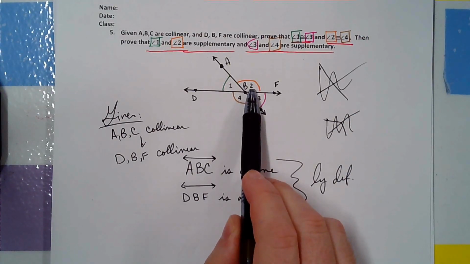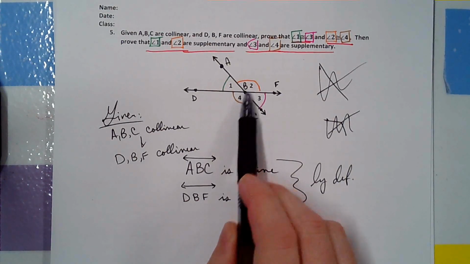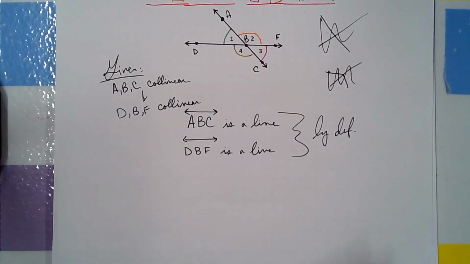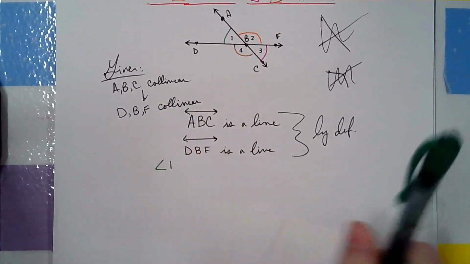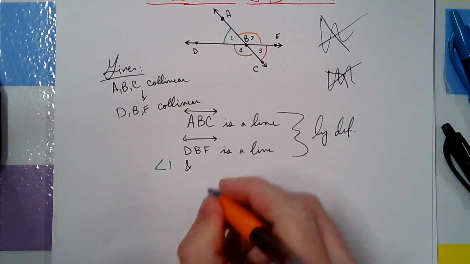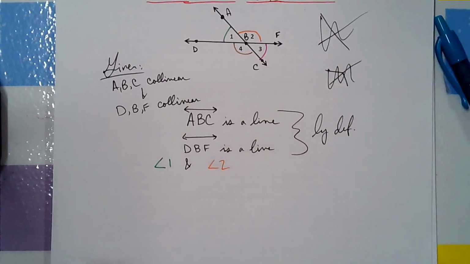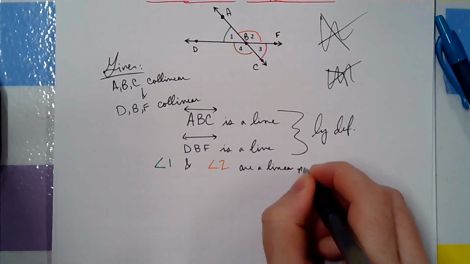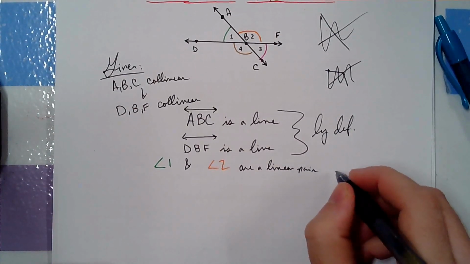Linear pair theorem says if they're a linear pair, then they're supplementary. We know what supplementary means. It means they add up to 180. So that's what I'm going to write. I know angle 1 and angle 2 are a linear pair, and I know that by definition.